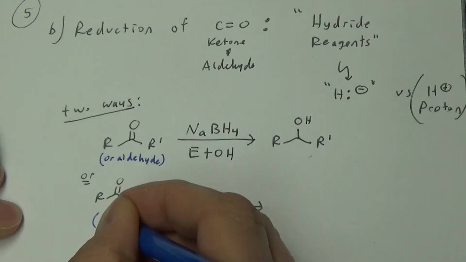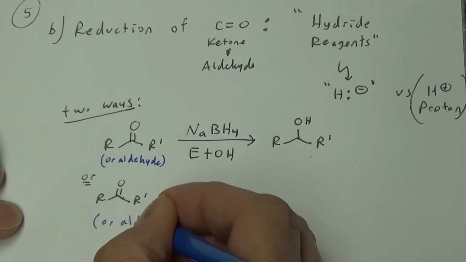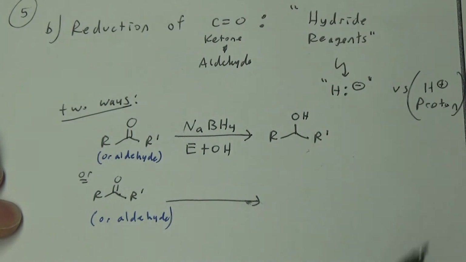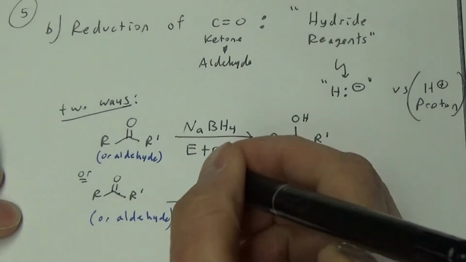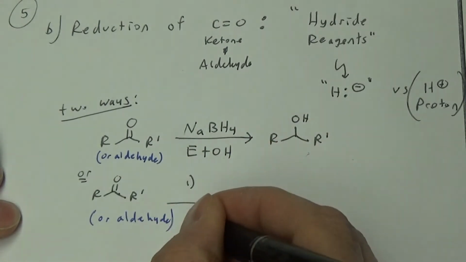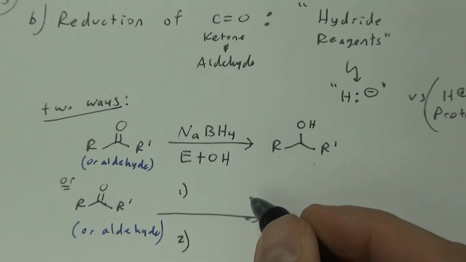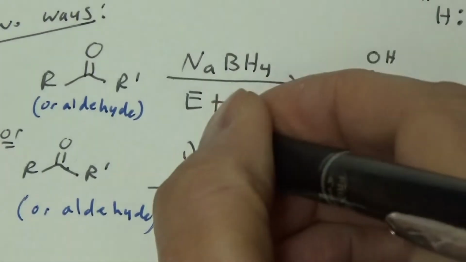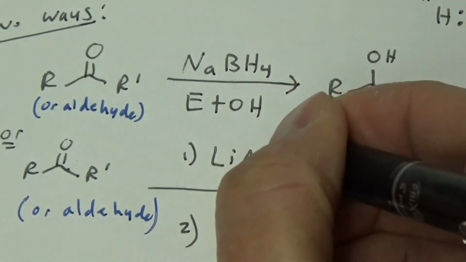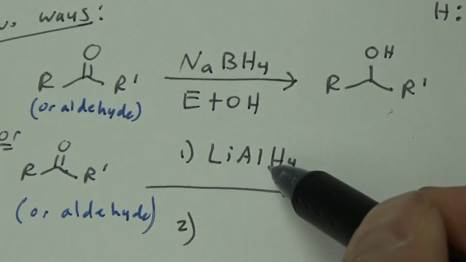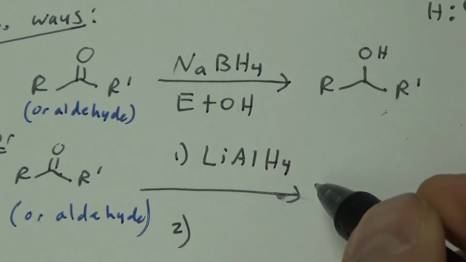This is also aldehyde. Okay, so the other way we can do this is a two-step process using a different hydride called LiAlH4. Here it's NaBH4, here it's LiAlH4.